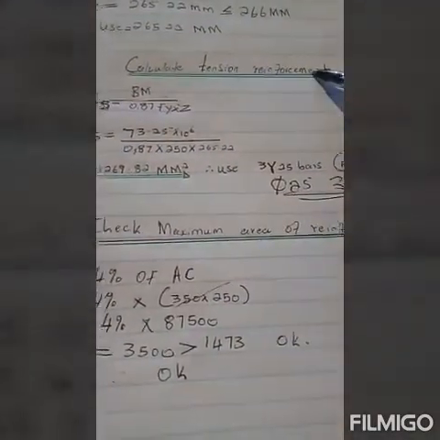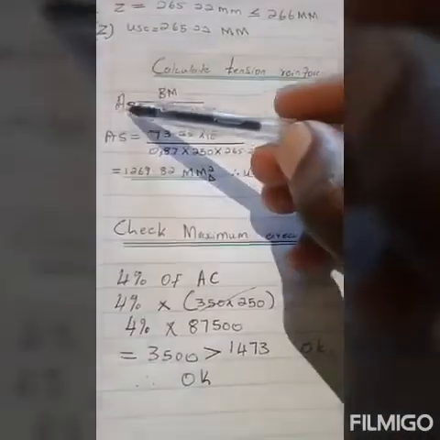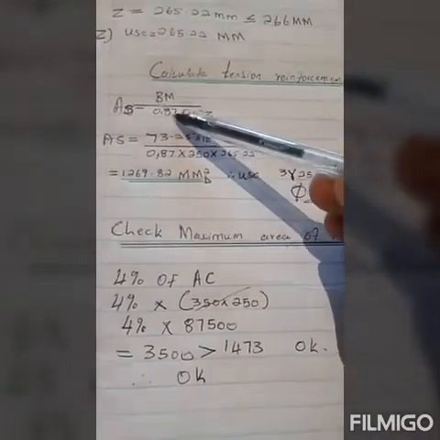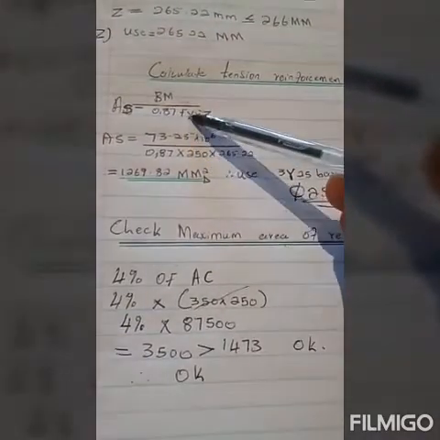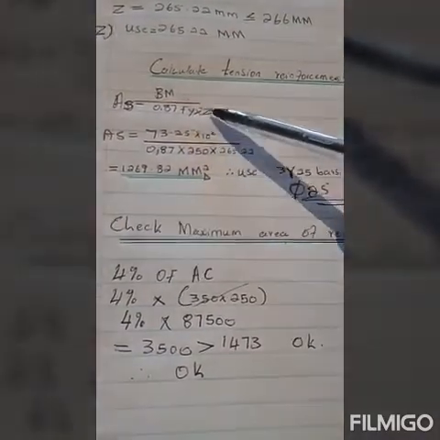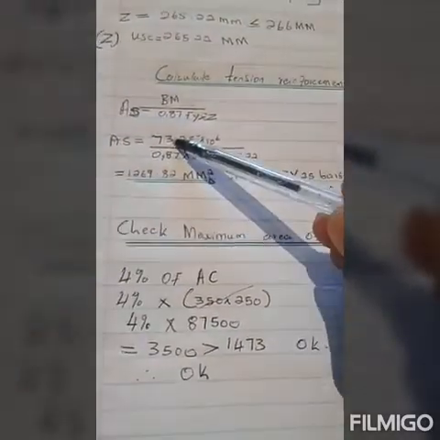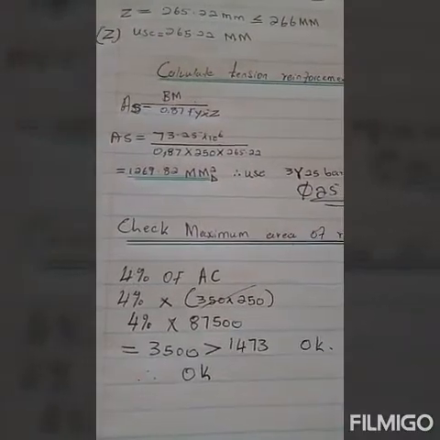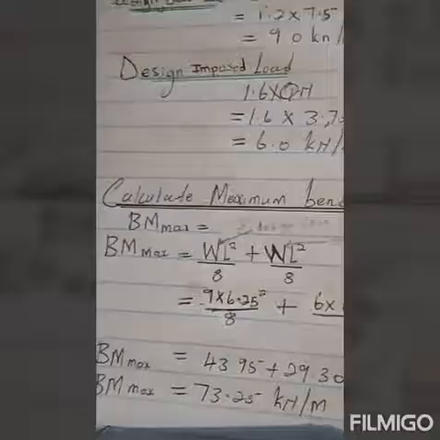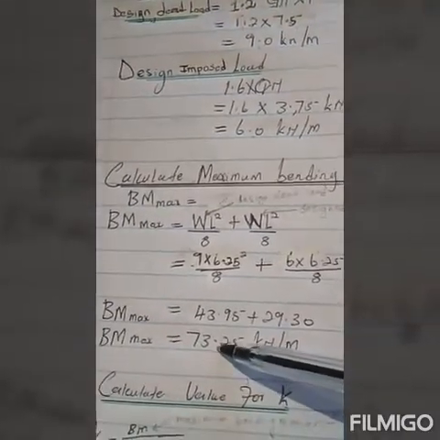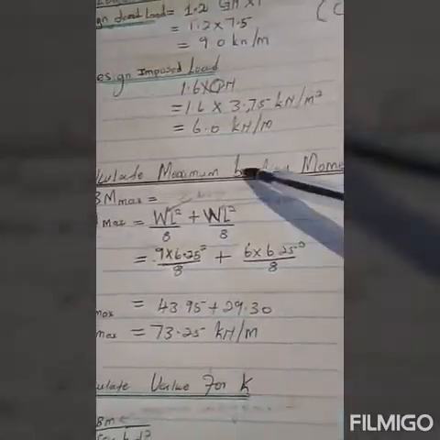Calculate the tension reinforcements. The formula is area of steel equals the bending moment over 0.87 times the Fy, the mild steel reinforcement, times the lever arm. 73.25 is the calculated maximum bending moment, this one.